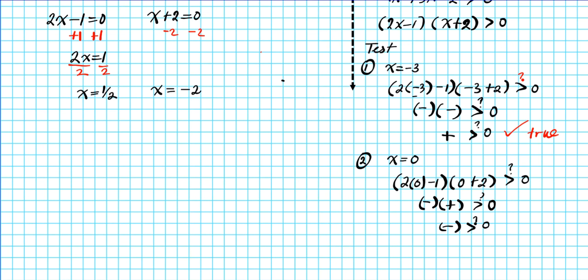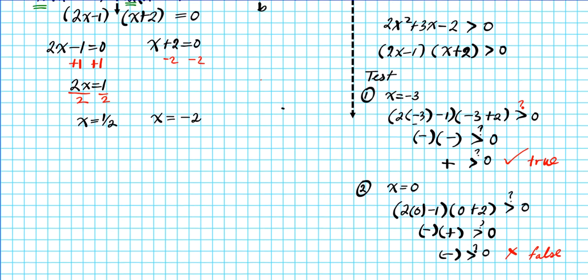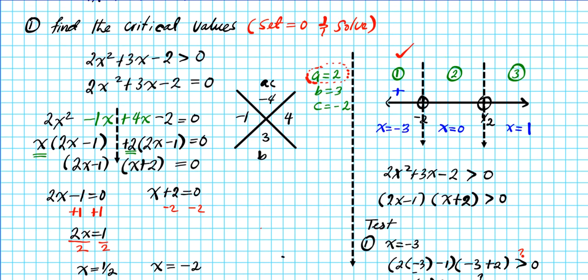The answer is no. Okay, negative numbers are smaller than 0. That tells us that interval 2 is no good because of its negative sign. In order to be greater than 0, you must have a positive sign, just like we did in interval 1.